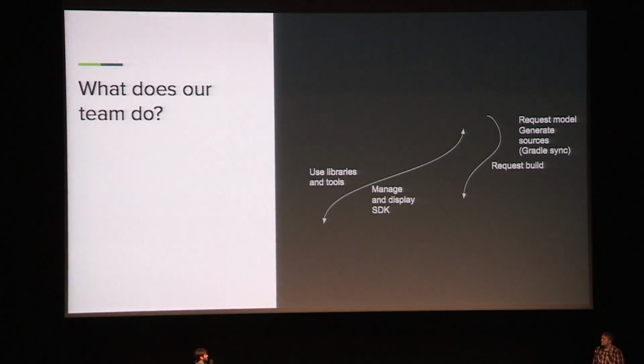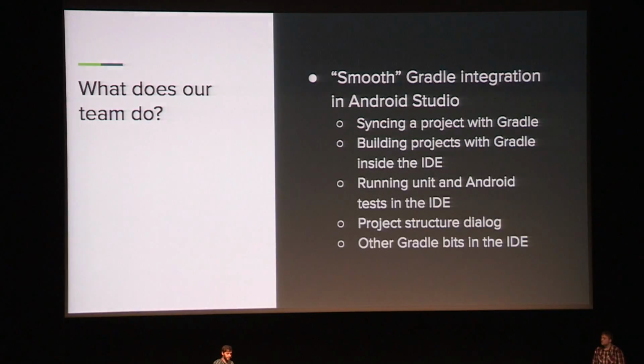We are basically responsible for the ROs. We make the integration between things, and we try to do that as smoothly as possible. Maybe it's not always like we wanted, but basically we are responsible for syncing a project with Gradle Sync, and then building the project when you just click in the IDE and everything works, or should, and running unit and Android tests inside the IDE by right-clicking classes or methods or packages.